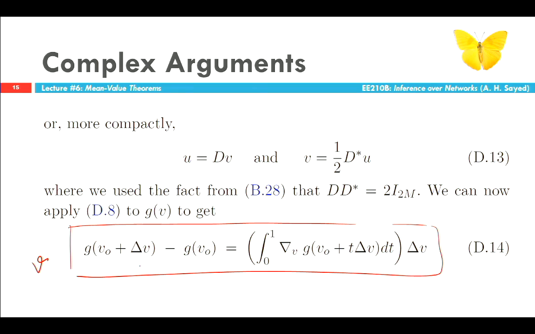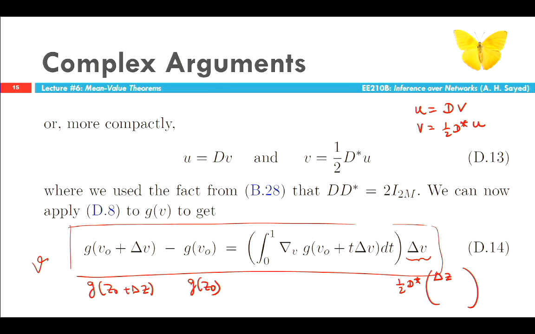g of v0 will be g of z0. This will be g of z0 plus delta z. Here, remember that u is dv, or v is 1/2 d star u. So this delta v is 1/2 d star delta u. Delta u is delta z, and then delta z star transpose.